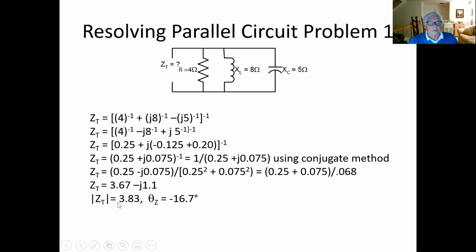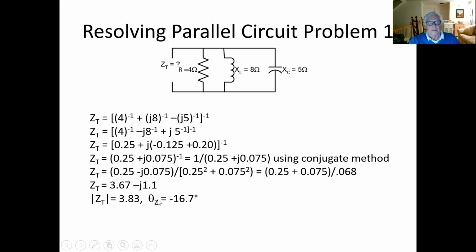So then, to get the value of Z total, we take 3.6 squared plus 1.1 squared, and take the square root of that to get 3.83.